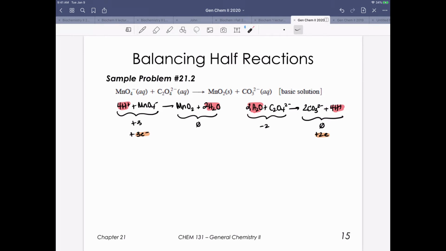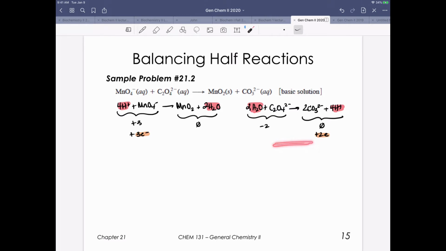Now go through and balance our charges. Nothing is charged over on our product side, so the net of everything over there is 0. We've got 4 +1 things and 1 -1 thing, so that ends up being a net of -3. To have it equal a net charge of 0, we're going to have 3 electrons on our left, so this is our reduction half reaction.